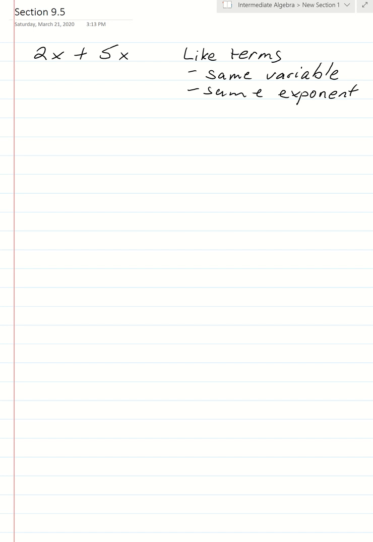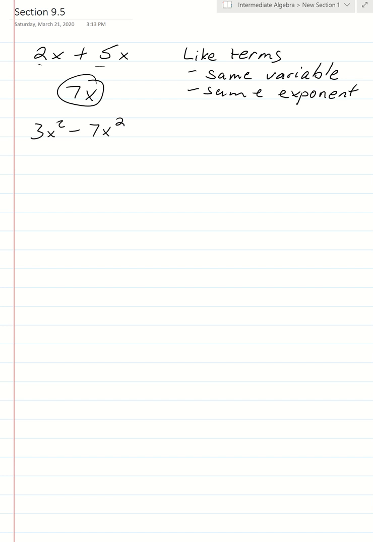You may recall that when we do have like terms like here, all you have to do is perform the operation of addition by adding the coefficients of 2 and 5, and that's how we would get a 7x. Or if we have, let's say, 3x squared minus a 7x squared, once again, we have like terms.